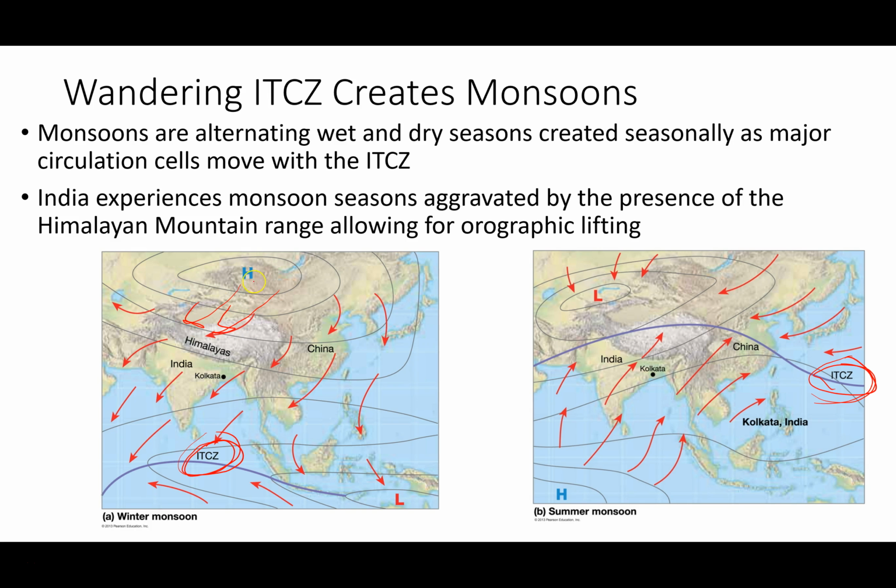Now, what's it lifting? It's just lifting dry air from the continent. So this would be a dry, warm air that comes down on the other side of the Himalayas. Over here, the intertropical convergence zone moves, and now we have warm, moist air coming in, bumping up against the Himalayas, giving us some orographic lifting there. Those moist chunks of air can cool down and rain.